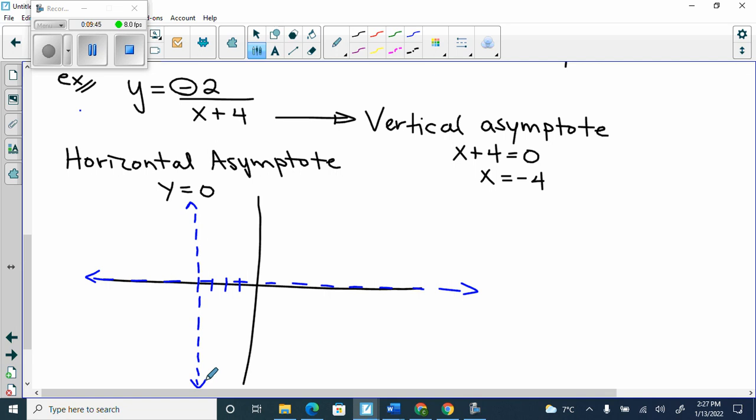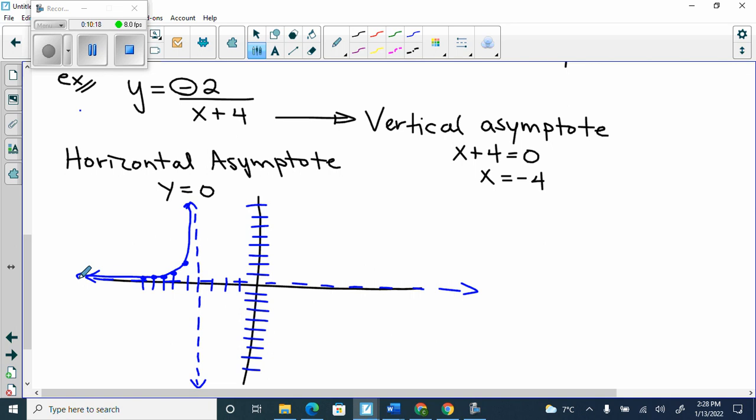So I can go like negative 9 and 0.4, and then negative 8 and 0.5, negative 7 and 0.6, negative 6 and 1, negative 5 and 2. And then I can run a graph along there.